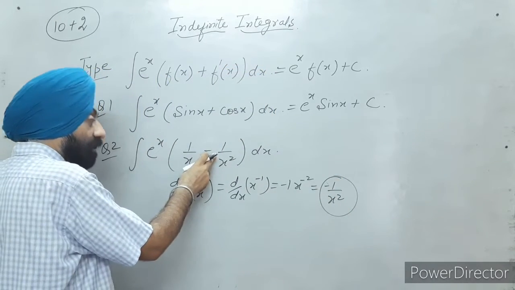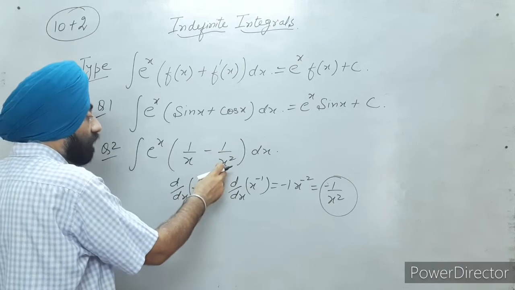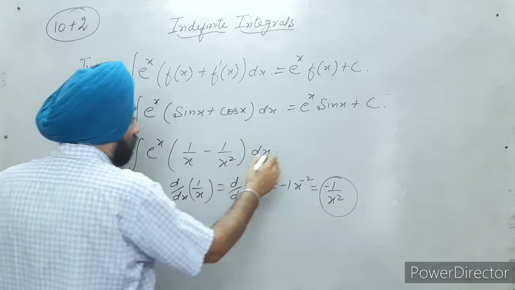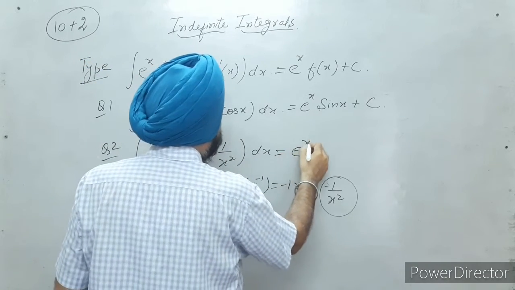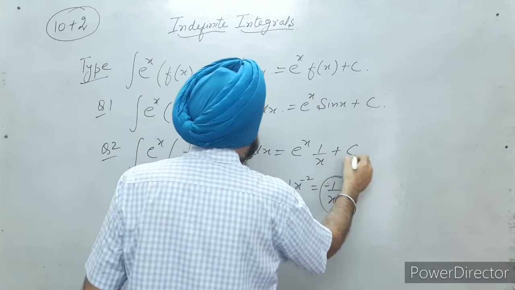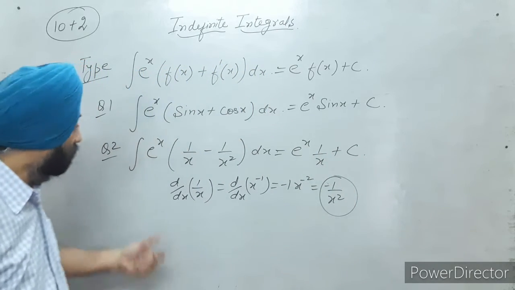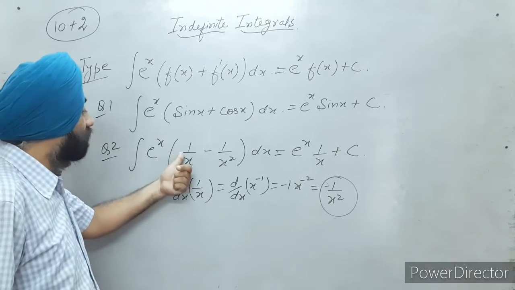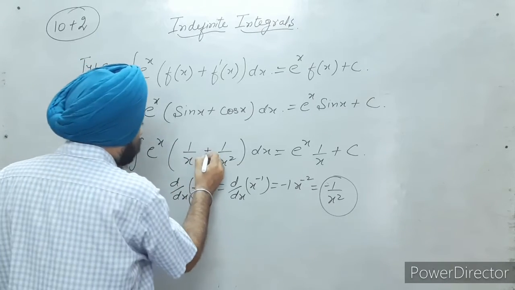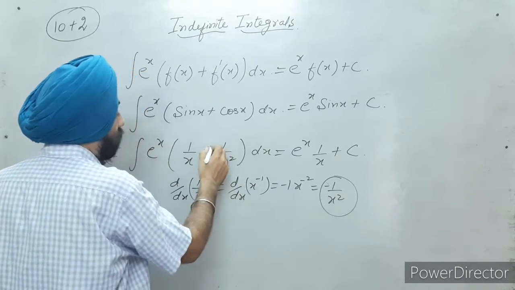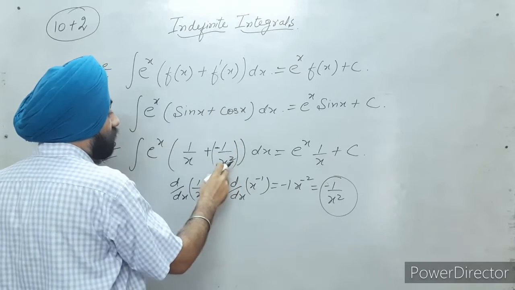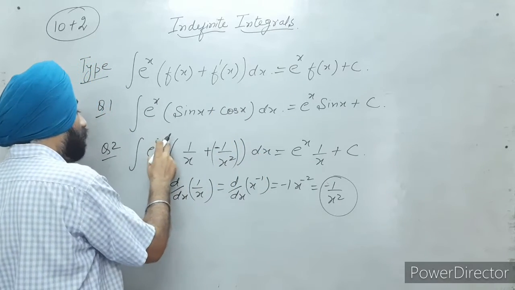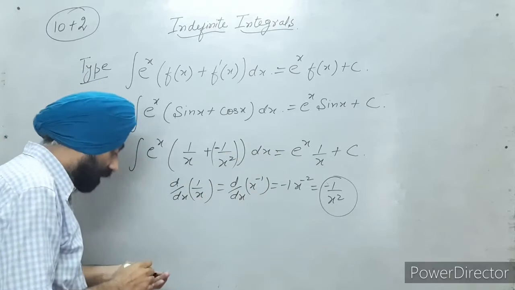Its derivative is here, that is minus 1 upon x square. I can write this as e^x (1/x) plus c directly, because this is e^x, this is f(x), this is plus f'(x) dx. Answer is e^x (1/x) plus c.